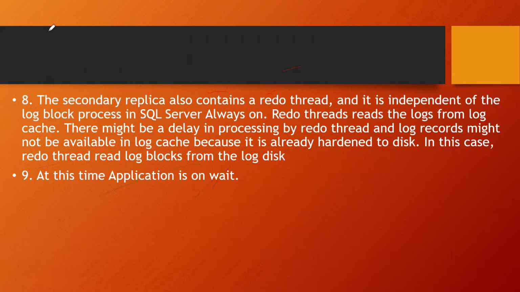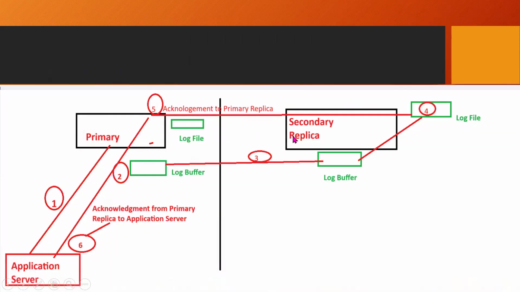So I will go to my picture. It is already here. So what did you understand at this point? Your application server will send a transaction, some user fires a transaction from the application server. It will go to the log buffer of the primary replica.